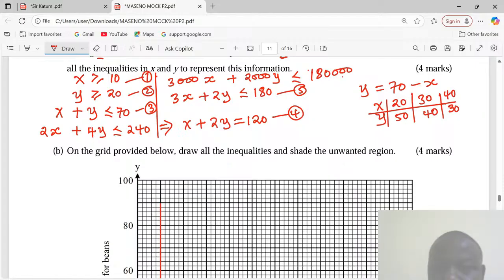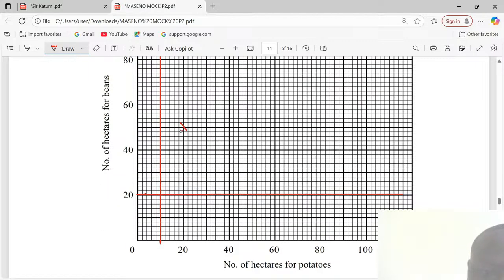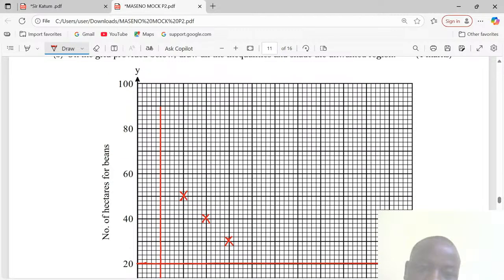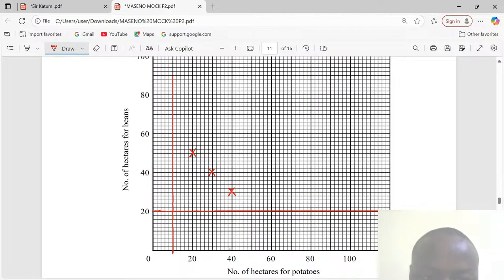So we have the coordinates 20, 50; 30, 40; then 40, 30. We can join them using a straight line to get the third inequality. All the inequalities are supposed to be represented using complete lines. That way, well plotted.